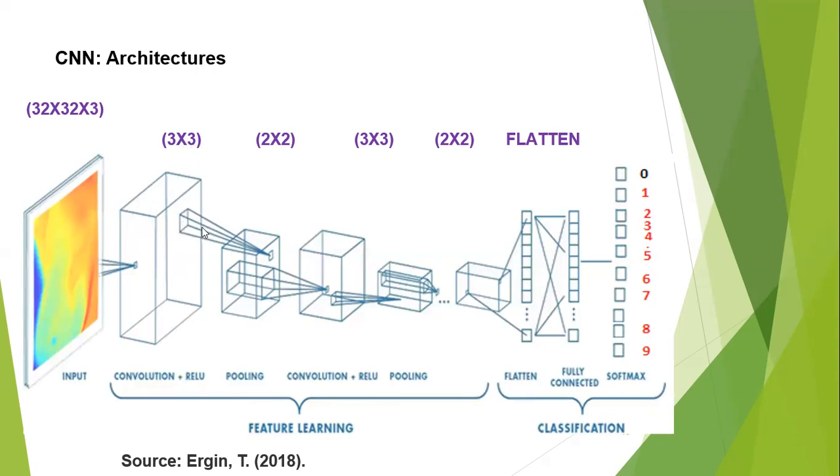Then the ReLU is applied, and then the pooling layer, and then the same process until it gets to the flattening, where the image is flattened to be moved into the final fully connected layer, which will output the different classes.